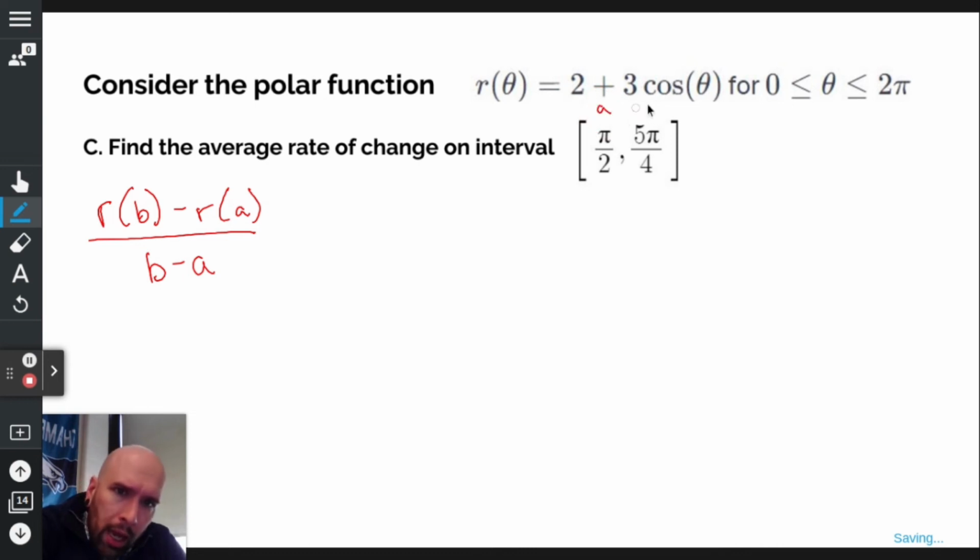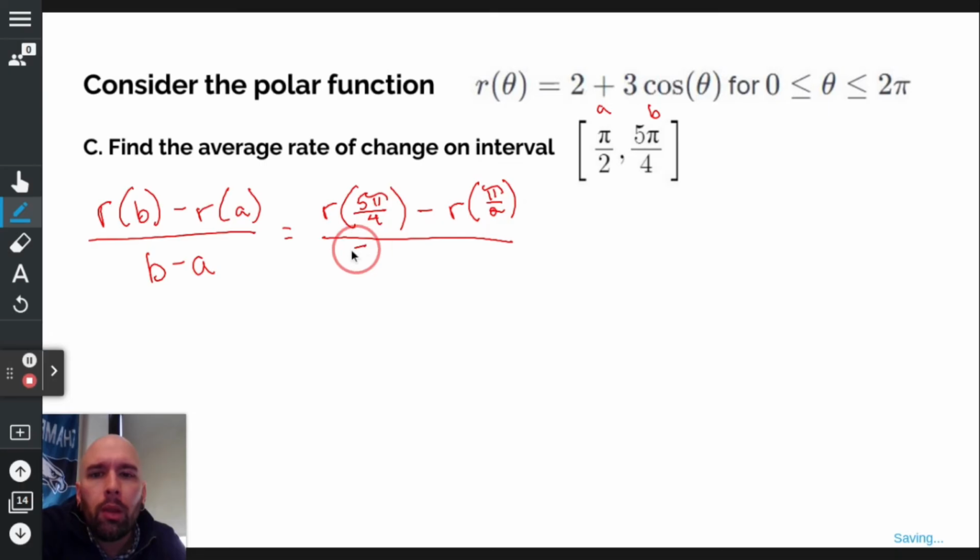So if I called you a and I called you b, then what I need to do is find r of 5 pi over 4 minus r of pi over 2, over 5 pi over 4 minus pi over 2.